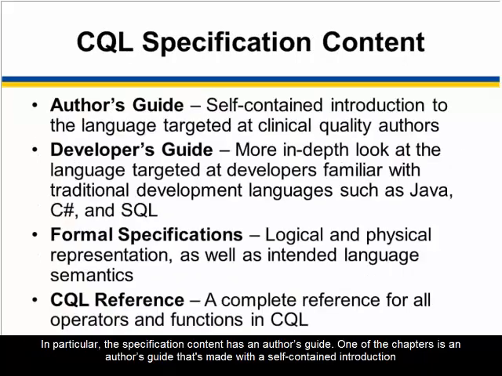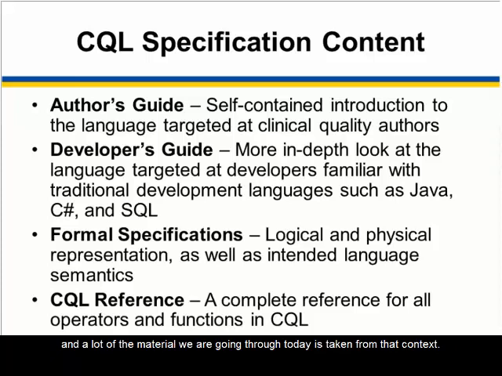In particular, the specification content has an author's guide. One of the chapters is an author's guide that's basically a self-contained introduction, and a lot of the material we're going through today is taken from that context. It's intended to be something that anyone can jump in and read and go through.